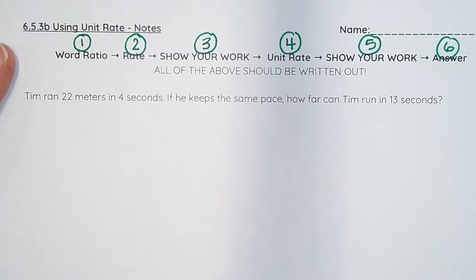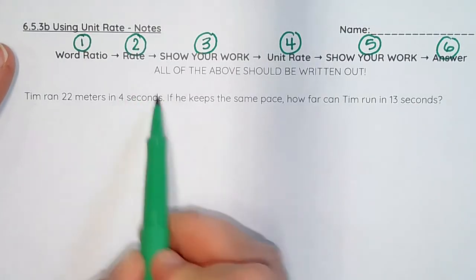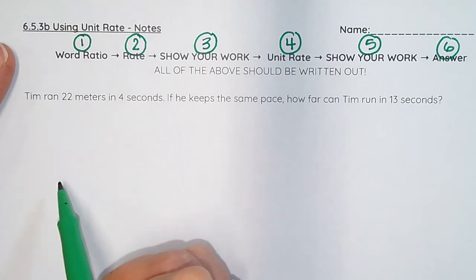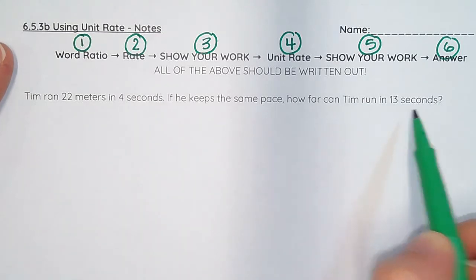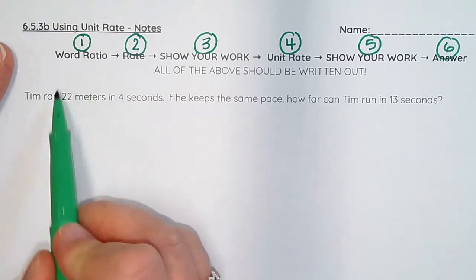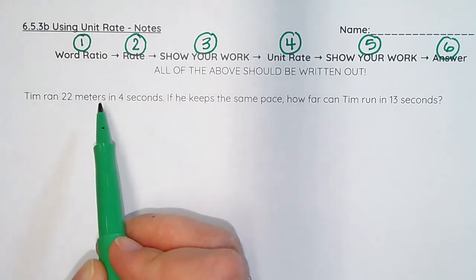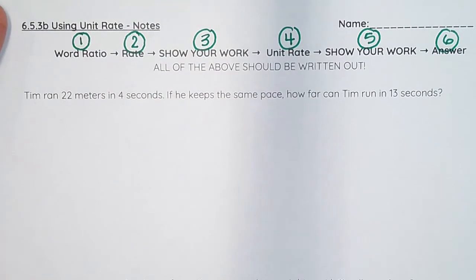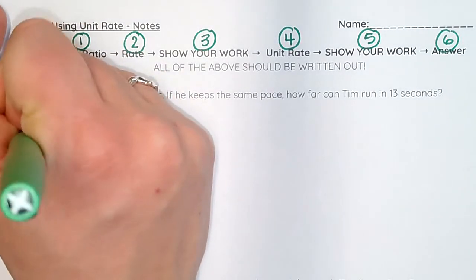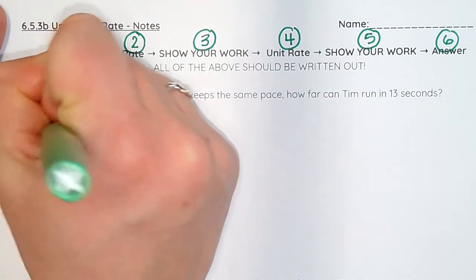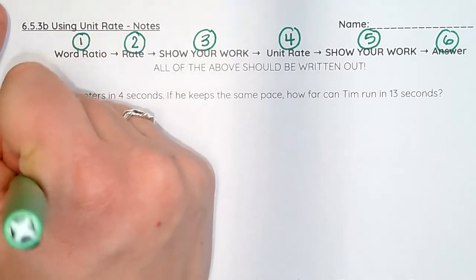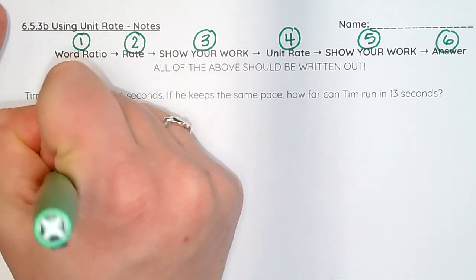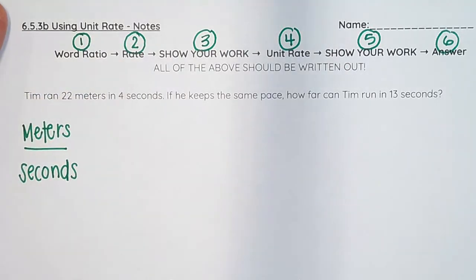So we want to get our 4 seconds down to 1 second so we can get it up to 13 seconds, if that makes sense. We don't need to know how long it took him to run 1 meter in this case. So our word ratio would be meters over seconds. Here you'll begin to see why this word ratio is so important.